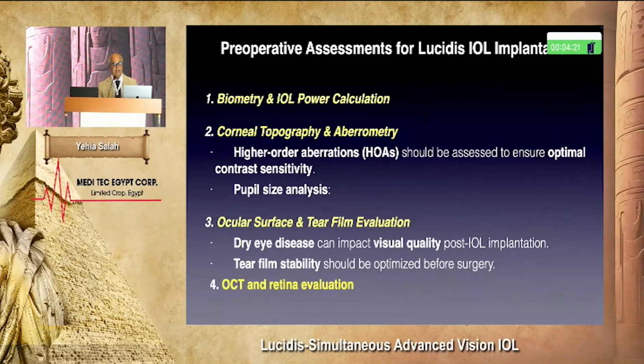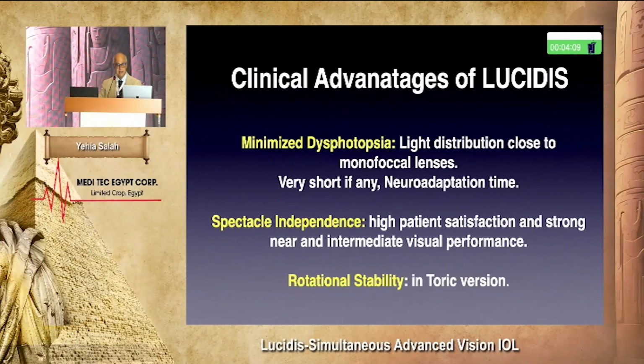To see if he's a good candidate, pre-operative assessment is the same: biometry, choosing the correct lens, topography, keratometry. Ocular surface is extremely important, like all premium lenses, OCT and retinal evaluation. Advantages of the Lucidis: minimized dysphotopsia, spectacle independence, rotational stability. And remember, the decrease in dysphotopsia is very useful.